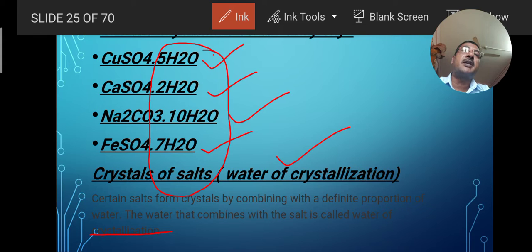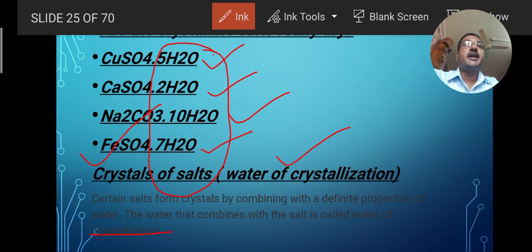These water molecules represent the water of crystallization, because of which these salts are crystalline in nature. As soon as you heat these salts, this water of crystallization is given out, and as a result the crystalline form of the salt is converted into the amorphous form, that is, a powder. So this is water of crystallization.